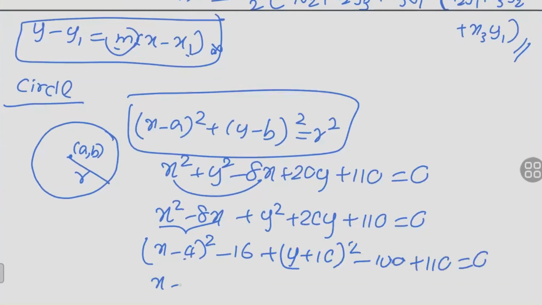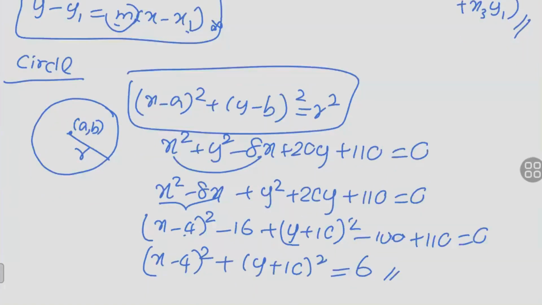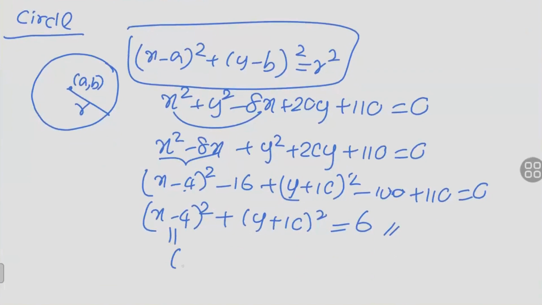Then you can write the proper equation: x minus 4 squared plus y plus 10 squared, and 110 minus 116 is 6. Then take it to this side. This is the equation. Then the centre is 4 comma minus 10. R is root 6, right?